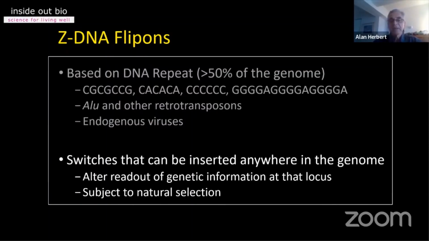So you can spread these flip-on sequences throughout the genome, and then you can select the particular flip-ons which change the readout from that locality to give you a beneficial phenotype that can be selected by natural selection. So they're very active elements of the genome, changing shape. They spread around the genome, and they're also genetic elements because they are subject to selection because they affect phenotype.